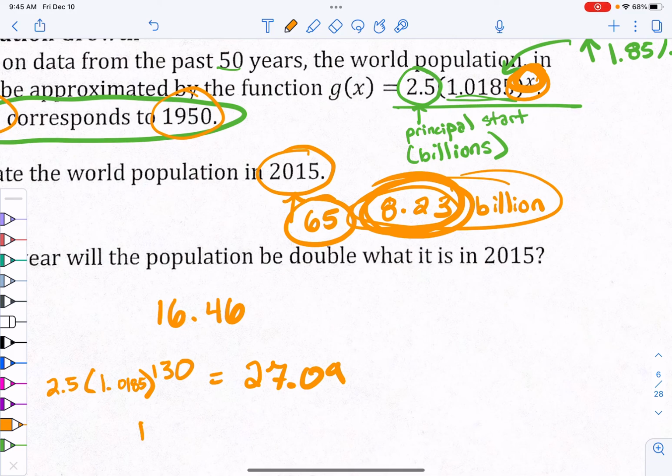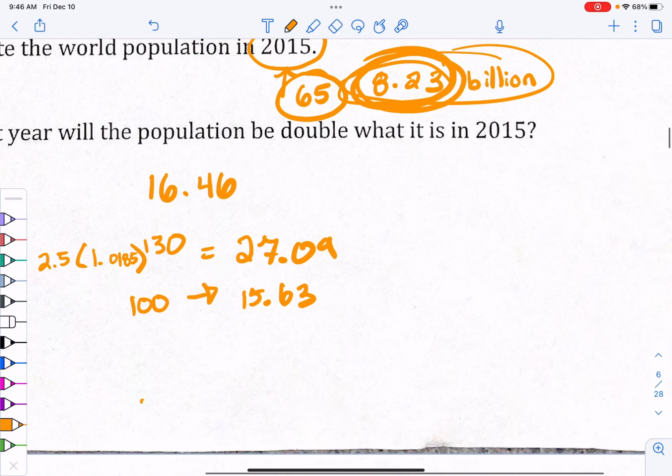Okay, 100 ends up being, oh, we're close, 15.63. Okay, let's go like 105. I'm just going to kind of feel around. Okay, 105 is 17.13. Okay, so we're getting close.